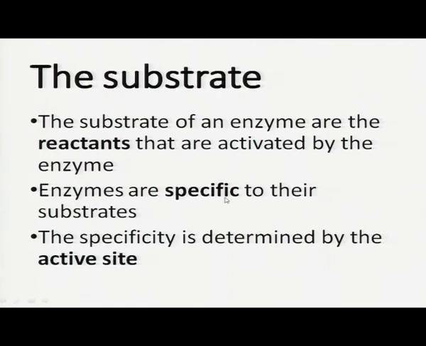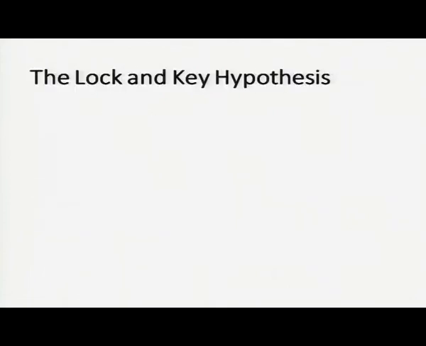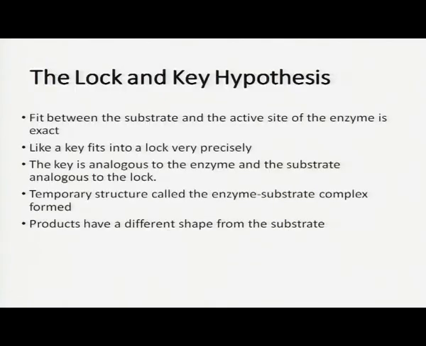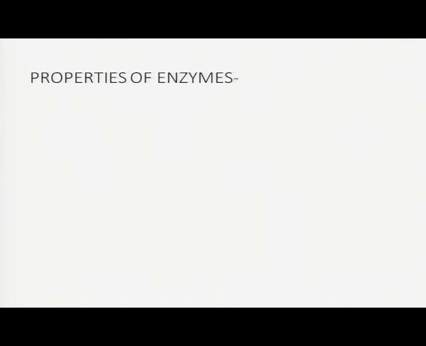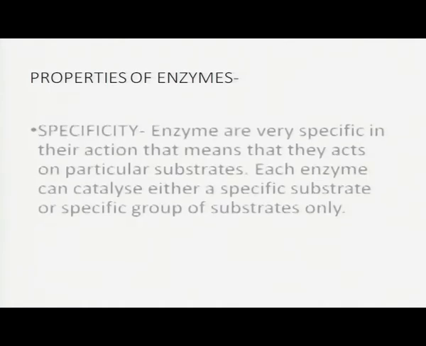Enzymes are specific to their substrate. Each enzyme is very specific in nature. They are choosy in the substrate, because an enzyme can combine with a specific type of substrate, then the enzyme substrate reaction goes on and the product is formed.